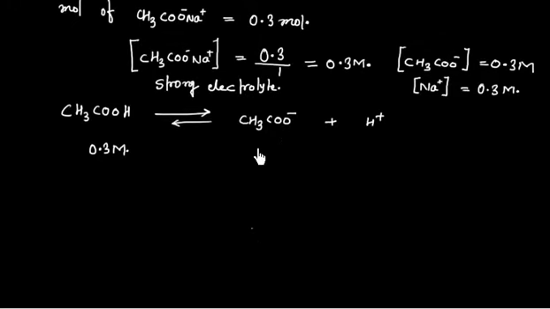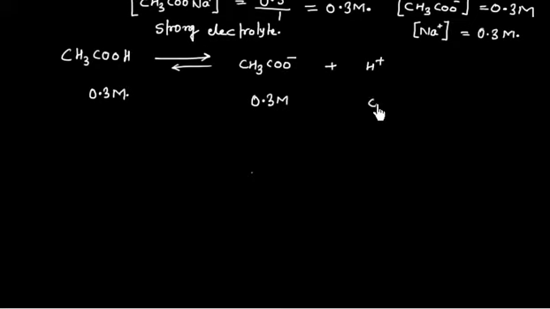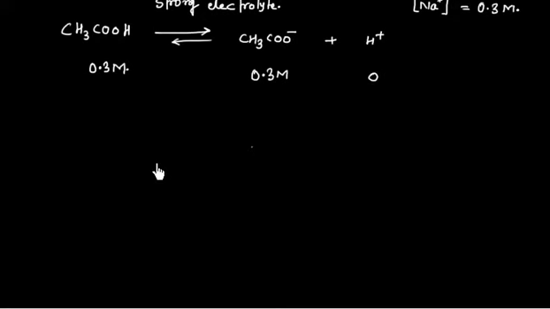So the concentration of CH3COO minus initially is 0.3 M, and there is no H plus initially. Let us say this is at time t equals 0. After some time, at equilibrium, some acetic acid will have dissociated. Since 1 mole dissociates and forms 1 mole, here we have 0.3 plus x, and we also have x.